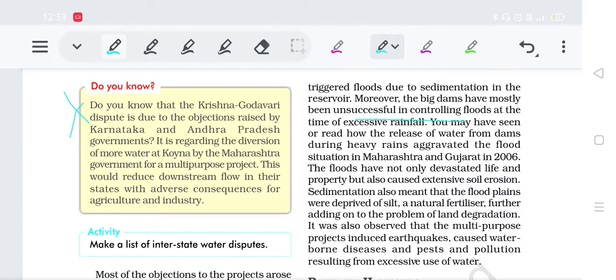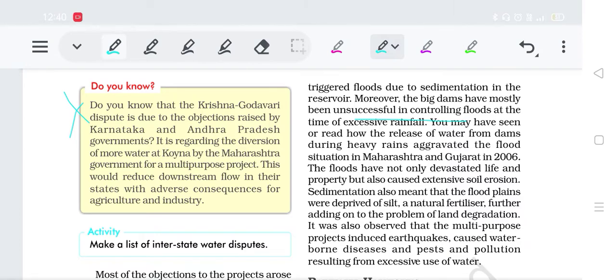During the heavy rain in Maharashtra and Gujarat in 2006, the floods not only devastated life and property but also caused extensive soil erosion. Sedimentation also meant floodplains were deprived of silt and natural fertilizer, adding to the problem of land degradation. It was also observed that multi-purpose projects induced earthquakes, caused waterborne diseases, pests and pollution.